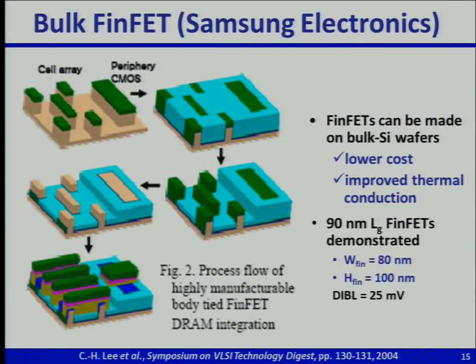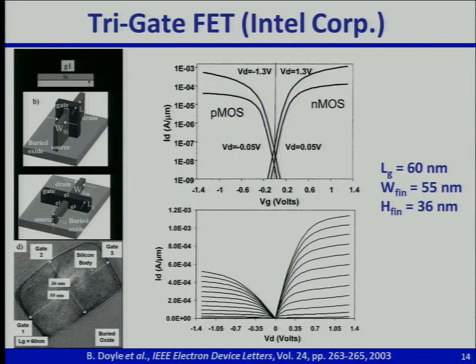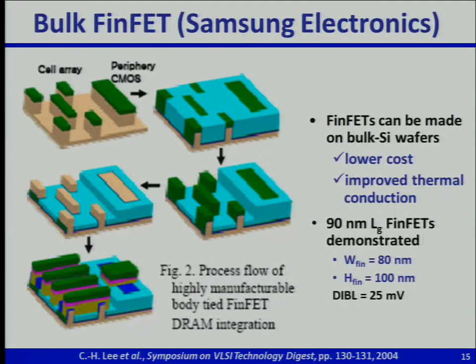Okay, so after that, so that was on a SOI, silicon on insulator substrate. So here's a cross-sectional view of the fin in the lower left corner, and you have the buried silicon dioxide underneath. Now, Samsung was the first to demonstrate that you can actually make a FinFET with just a conventional bulk silicon wafer. So that could save a lot of cost, because the cost of making an SOI substrate is pretty high.